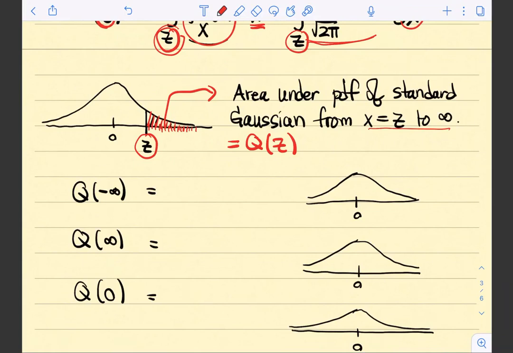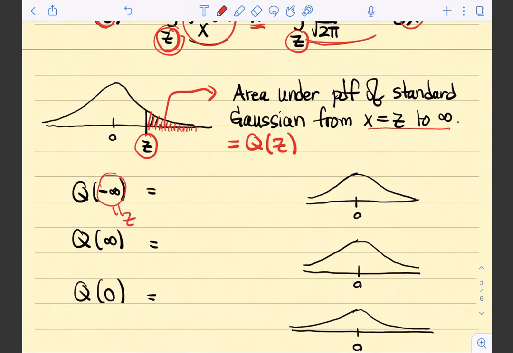I think it's 1. How do you know it's 1? I guess it's an integral from minus infinity to infinity. Okay, very good. And the integral of the whole PDF is equal to 1, right?